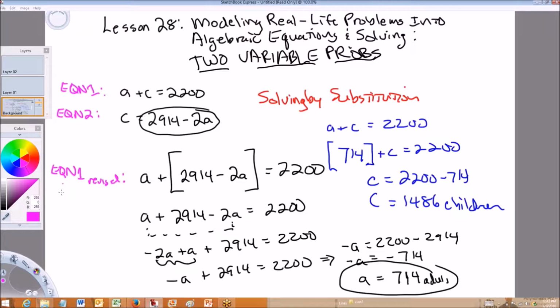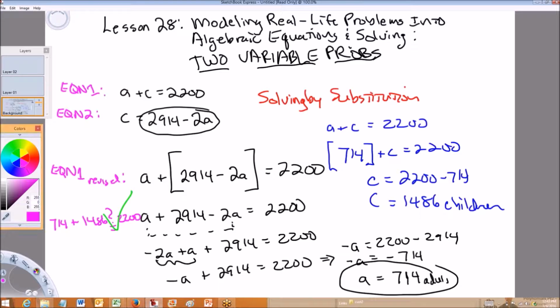Recall the last step is to go back and verify that these values are correct. So we will use the first equation, the number of adults plus the number of children should equal 2,200. And if we plug that in, that is true. And let's try the other known information.